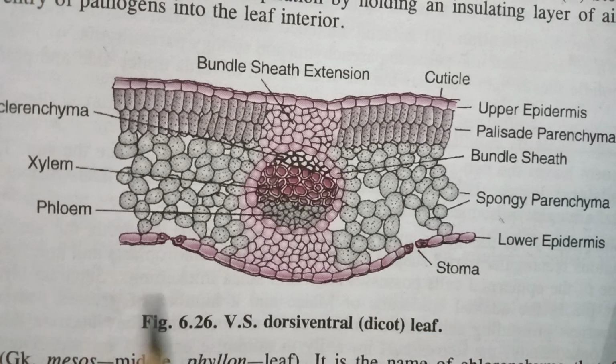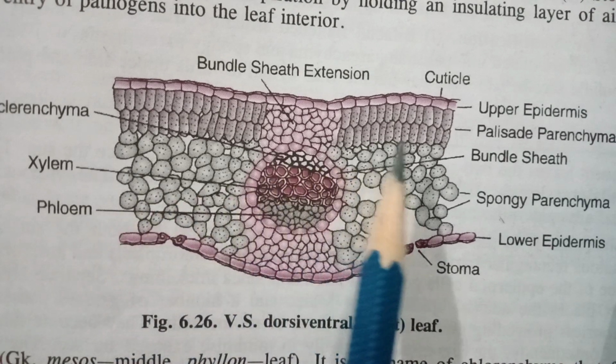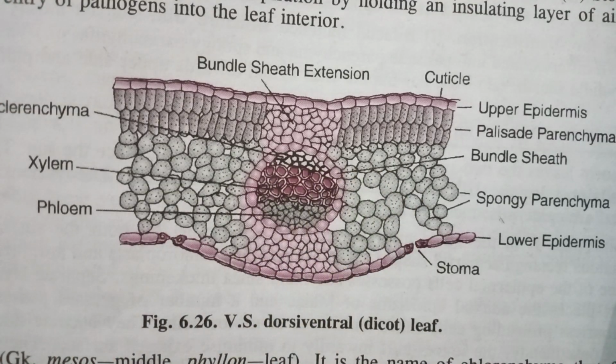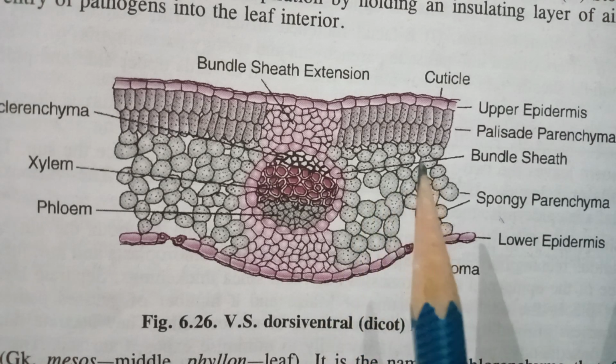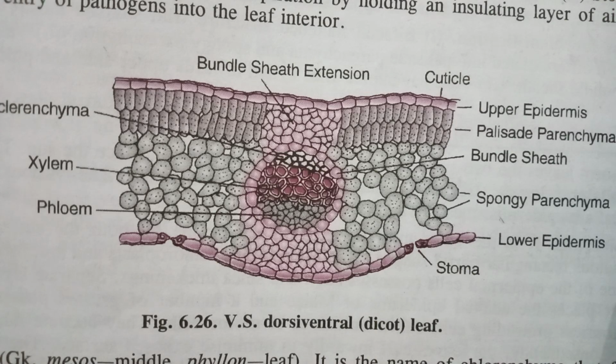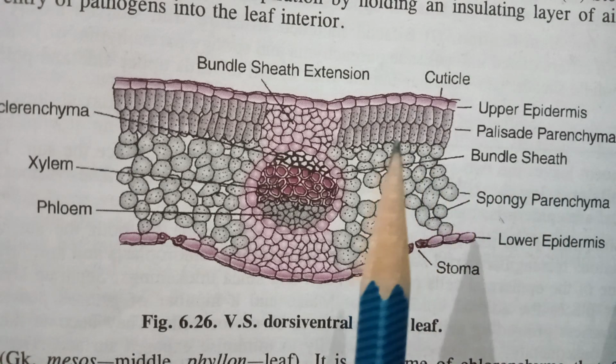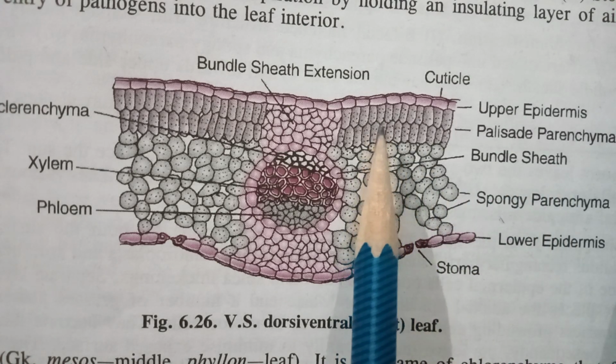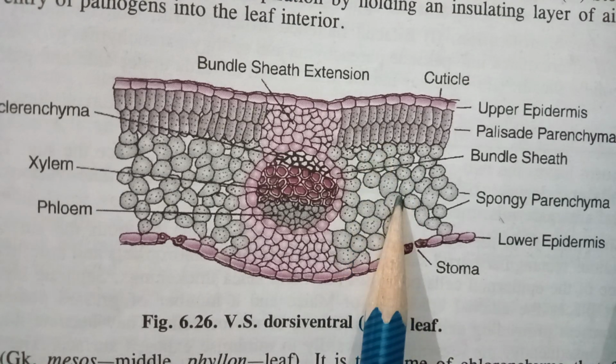Then next to the stomata, after upper and lower epidermis, we find the mesophyll tissue. So already earlier we have discussed about mesophyll tissue. These are chlorenchyma containing cells. That means these particular cells have large amount of chloroplast for which they can perform photosynthesis. Now this mesophyll cell is divided into two layers, the palisade parenchyma and the spongy parenchyma.